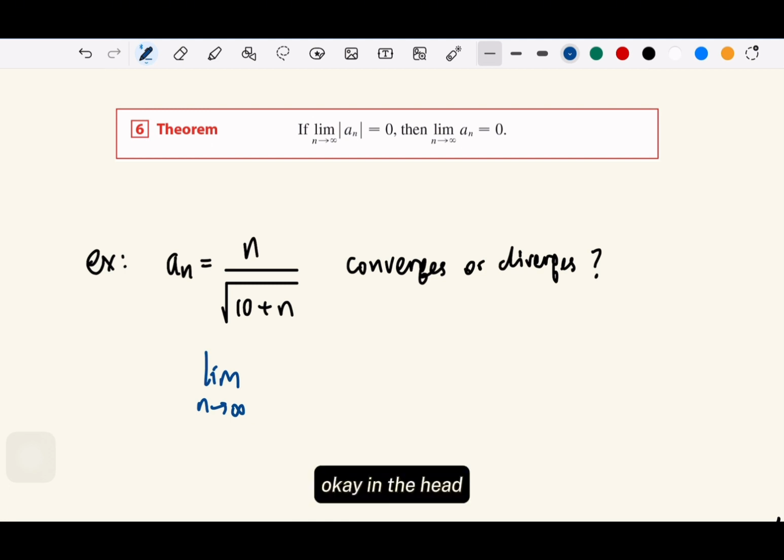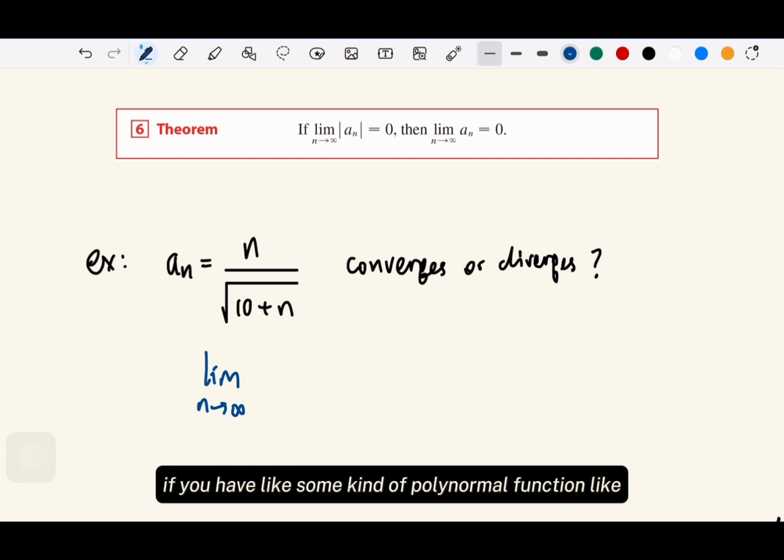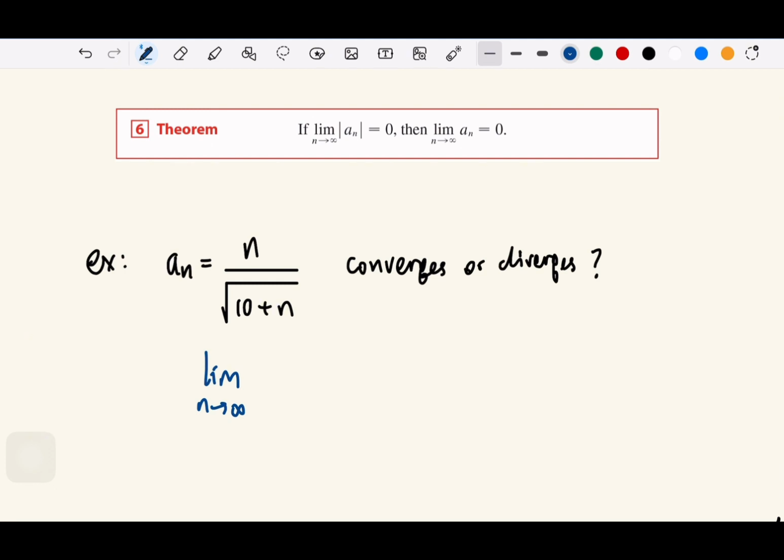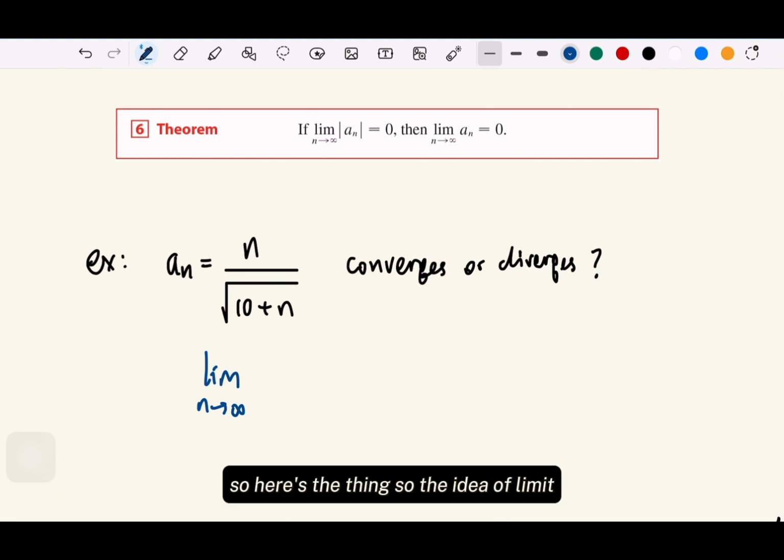In limits, if you have some kind of polynomial function, a function of some degree, for example, this is degree 1, and this is degree half. Of course, this is greater than this. So, do you agree if I say this will diverge? So here's the thing.